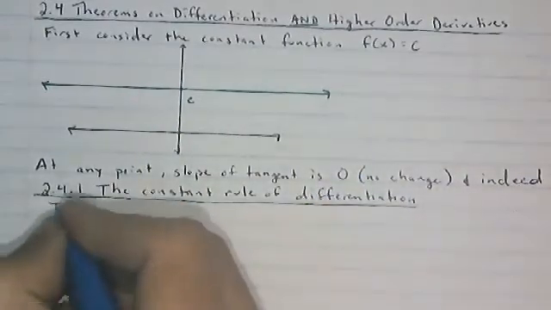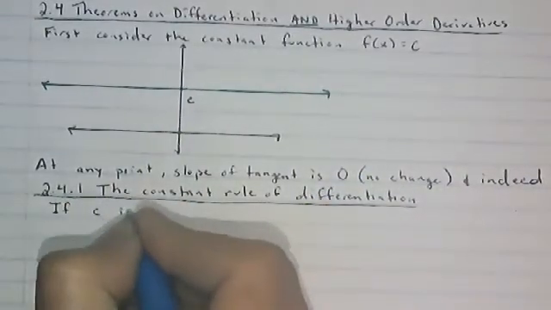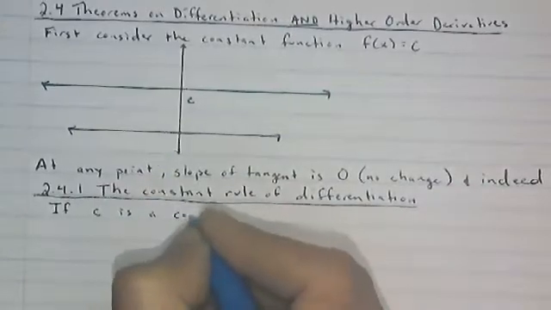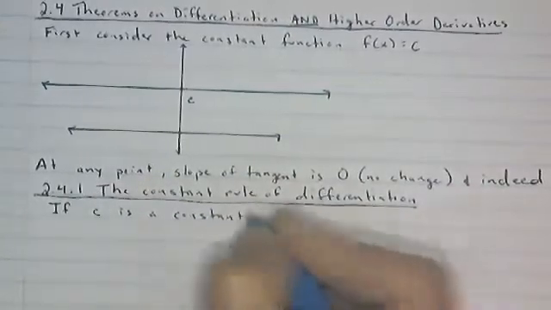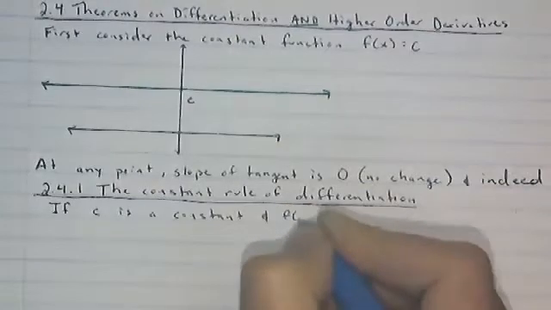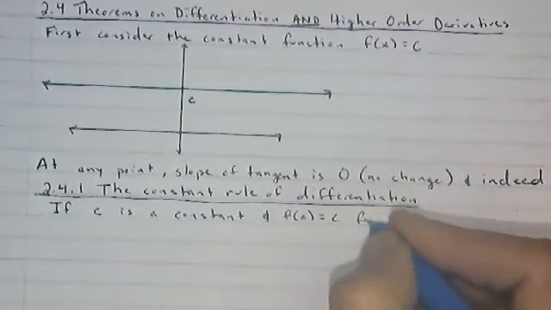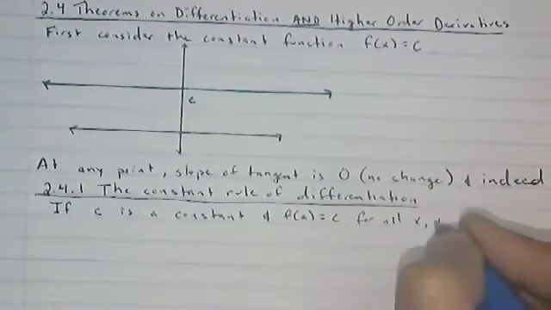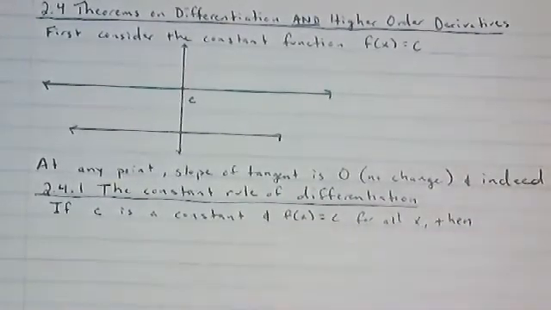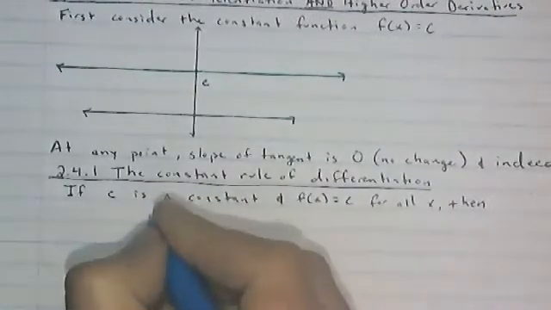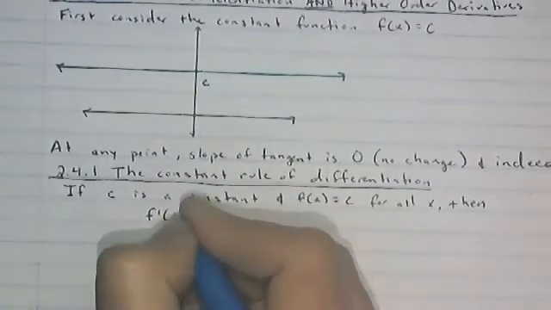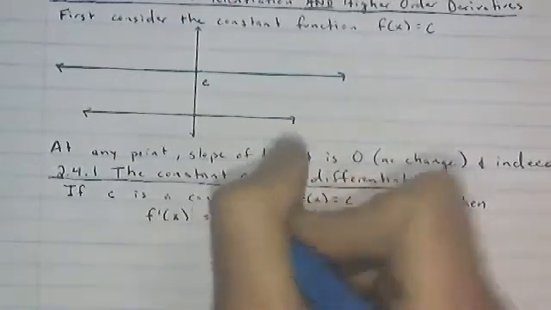If c is a constant and f of x is equal to c for all x, then the derivative of f of x is equal to 0.